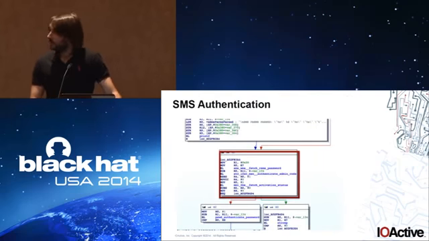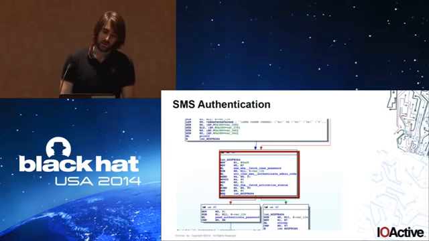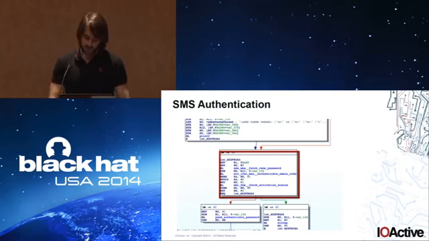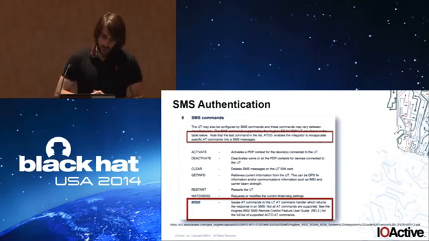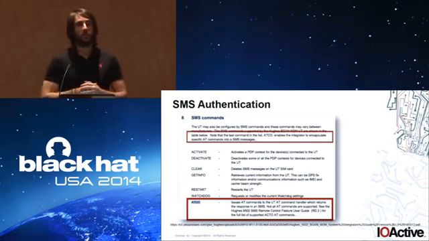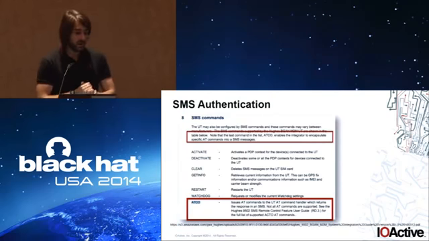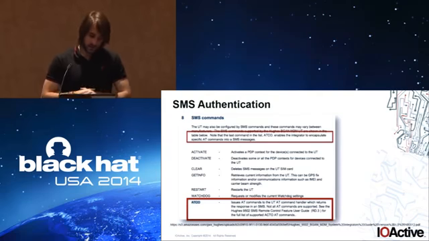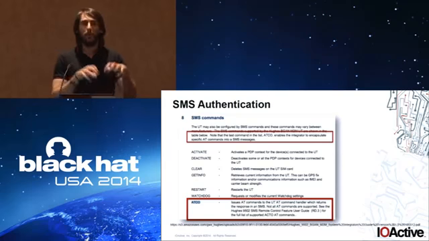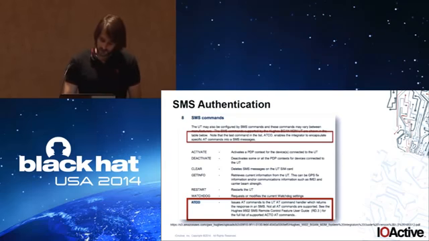If we look at the SMS authentication, pretty much the same function, so you can send an SMS to configure the terminal. If we look at the commands that can be sent through the SMS, we see one especially promising, which is the ATCO that can be used to embed AT commands inside the SMS.